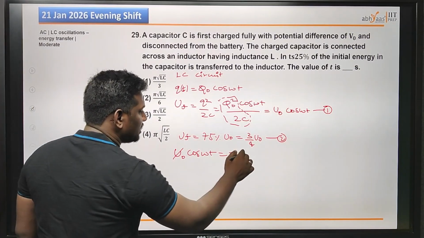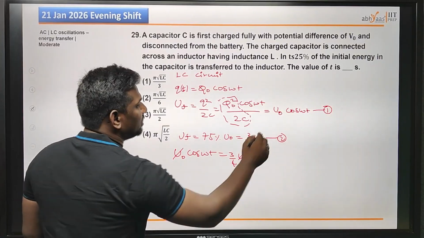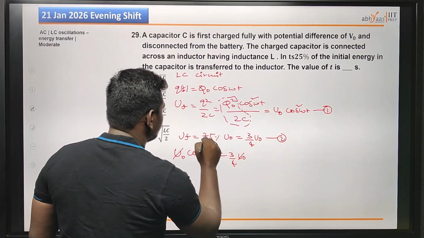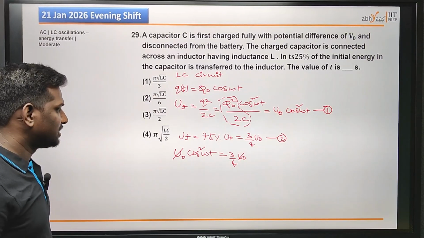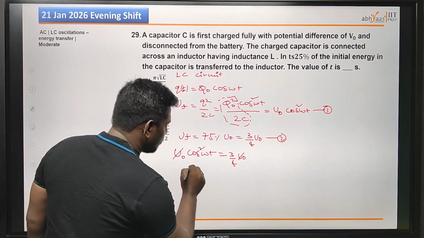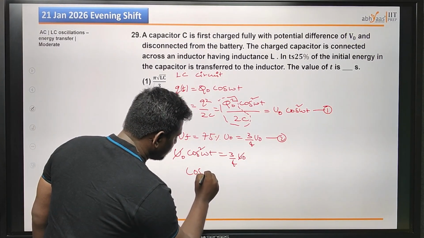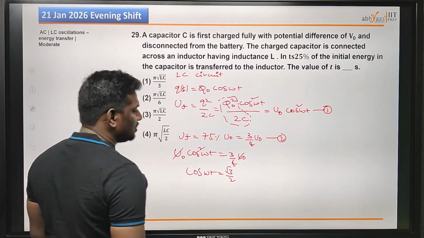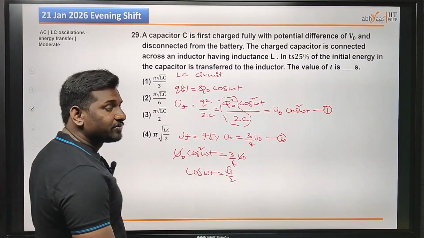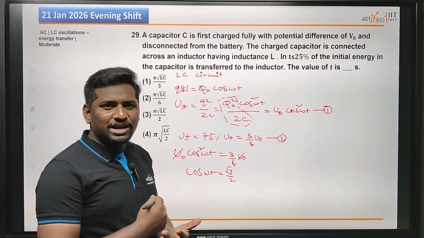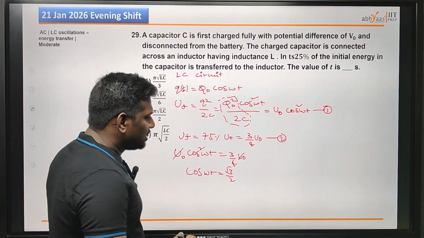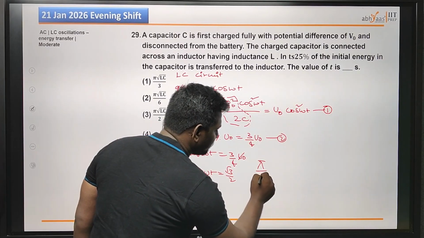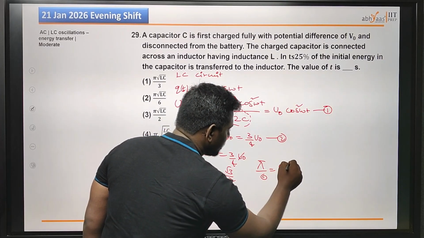So U naught gets cancelled. So cos omega t equals √3/2. We know that. At what angle do we get √3/2? At 30 degrees. So pi/6 must be equal to omega t.